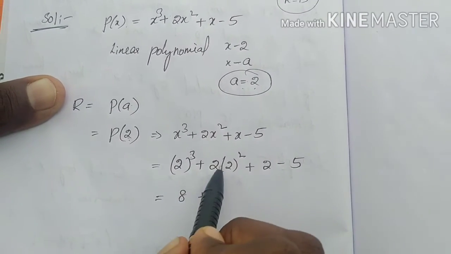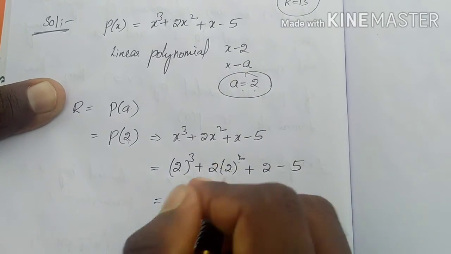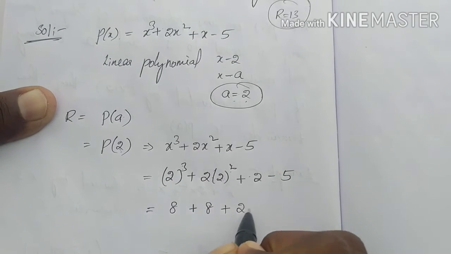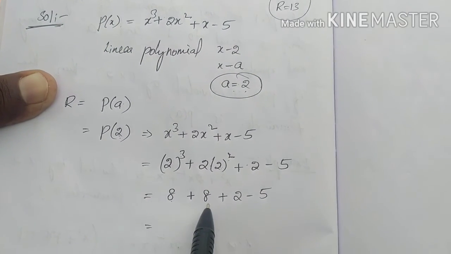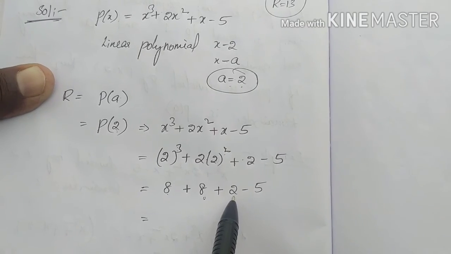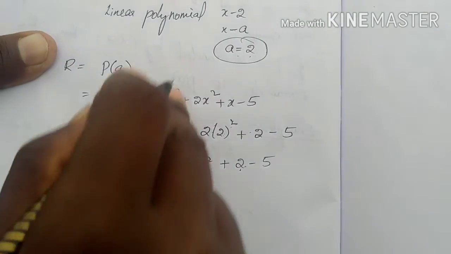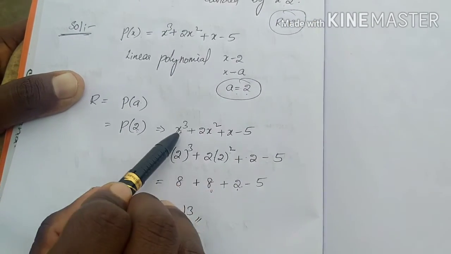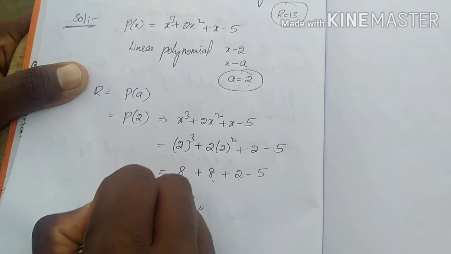Plus 2 into 2 square: 2 square is 4, and 2 into 4 is 8. Then plus 2 and minus 5. 8 plus 8 is 16, 16 plus 2 is 18, 18 minus 5 is 13. Simply by substituting the value of a, that is 2, in place of x, we got the remainder as 13.